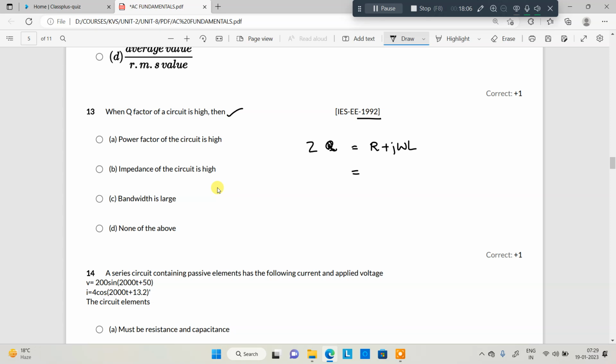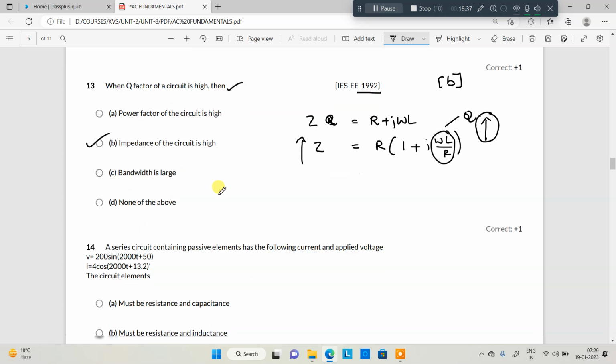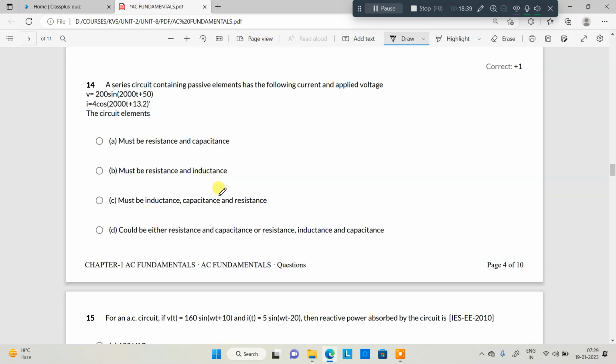So that will be equivalent to R common, 1 plus j omega L by R. From that, you know, this is the quality factor Q formula. From our derivation, quality factor is equal to omega L by R. So as quality factor increases, what will happen? The impedance increases. So quality factor increases, impedance increases. Option B is the correct option. Did you get my point? Next.